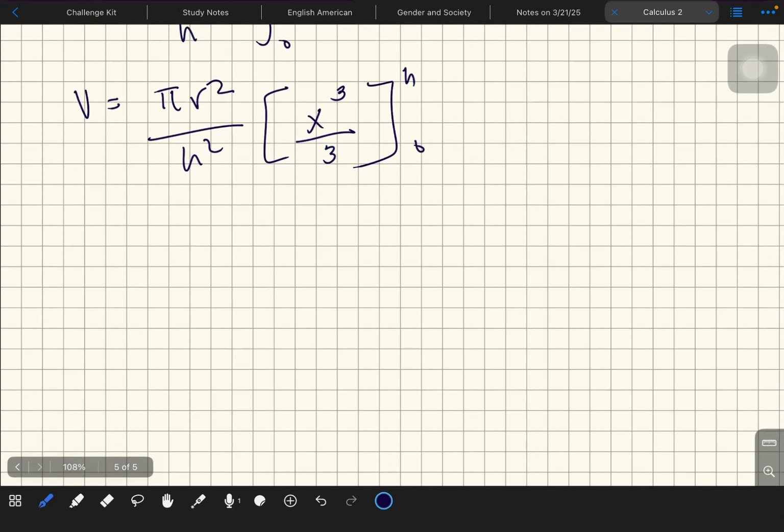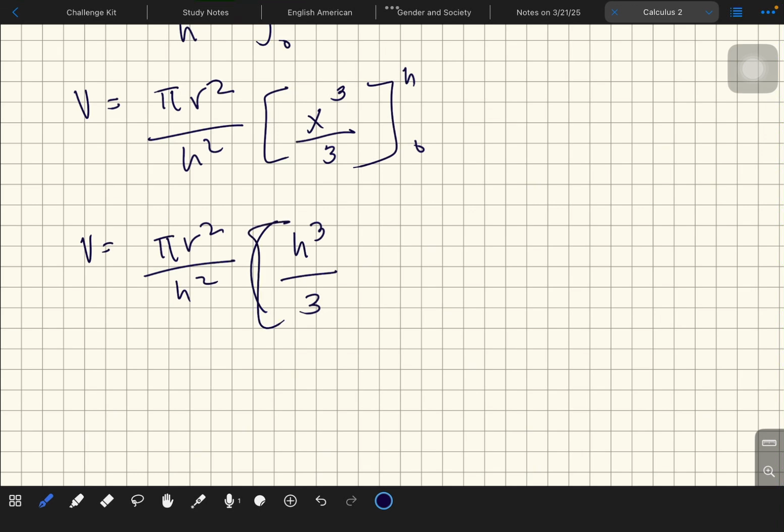So now you just copy again the pi r squared over h squared times, substitute x to h and also 0. So h cubed over 3, it will close, minus 0 cubed over 3.